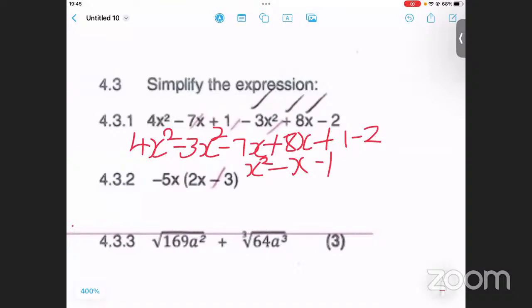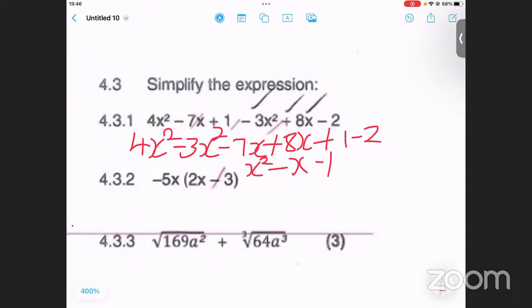Likumo, are we moving to 4.3.2? Likumo? Okay. Nyaki, are we moving?